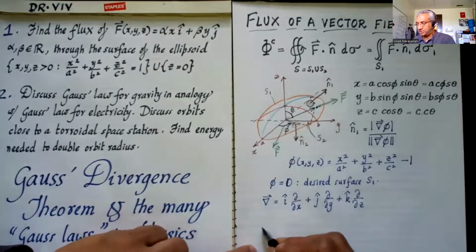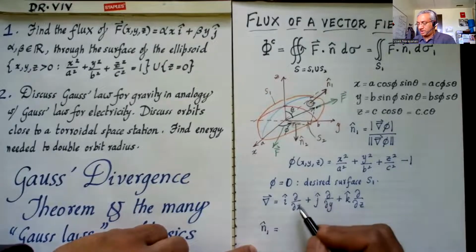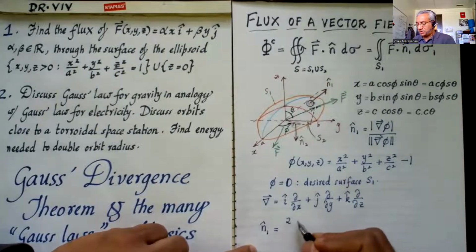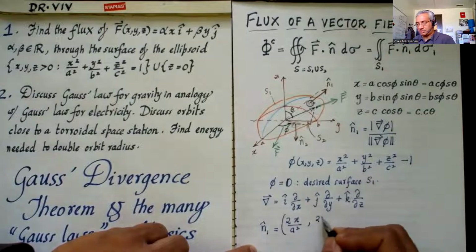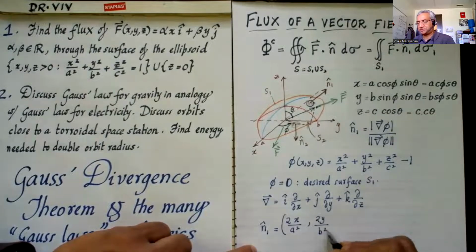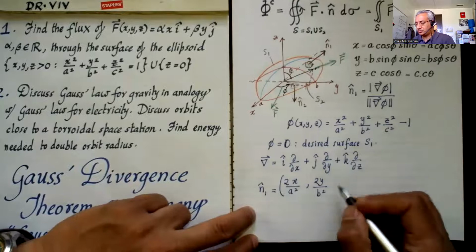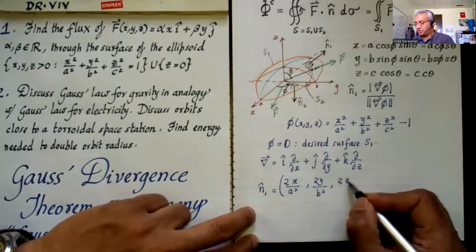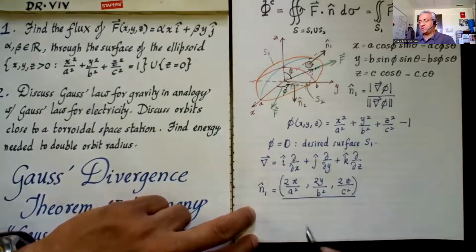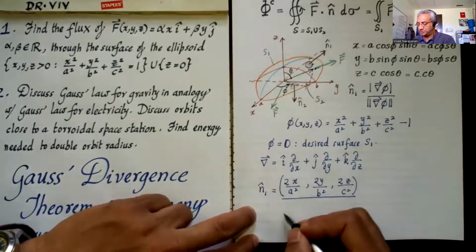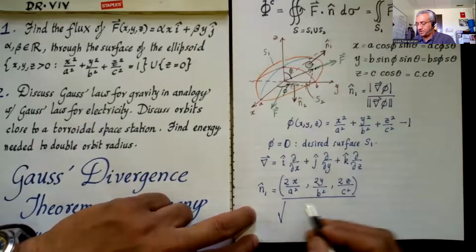So n1 hat becomes, when I differentiate with respect to x, I get 2x over a squared, comma, 2y over b squared, comma, 2z over c squared, divided by the norm, which is going to be the square root of all these things squared.